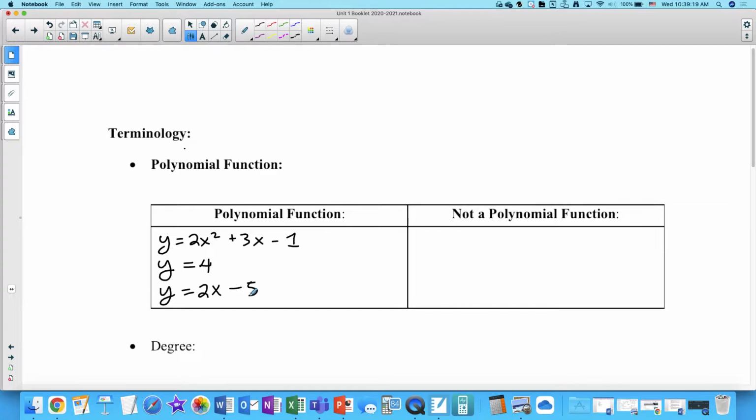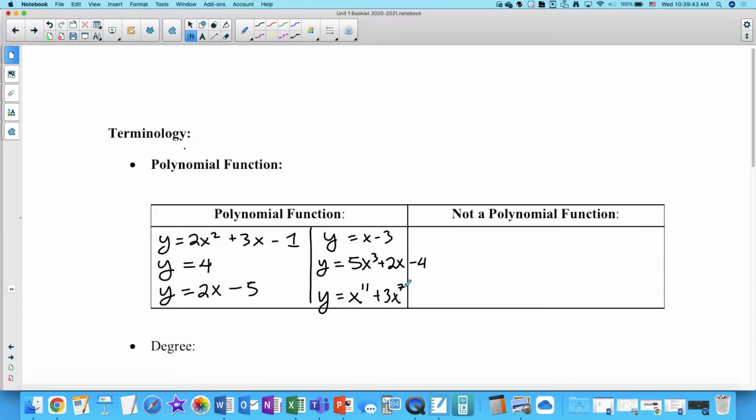Yes. Okay, I'm going to put some bigger ones on there too. Let's say I have y equals 5x cubed plus 2x minus 4. Y equals x to the 11 plus 3x to the 7. That's also a polynomial function.